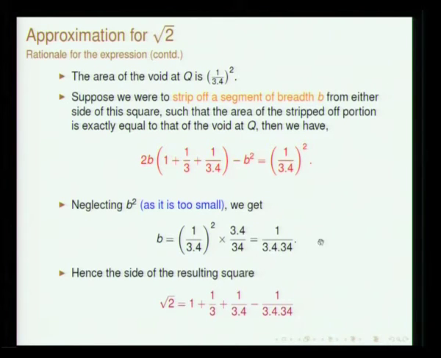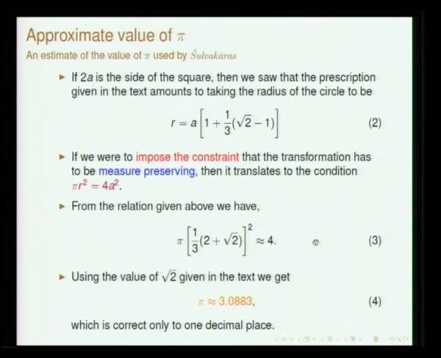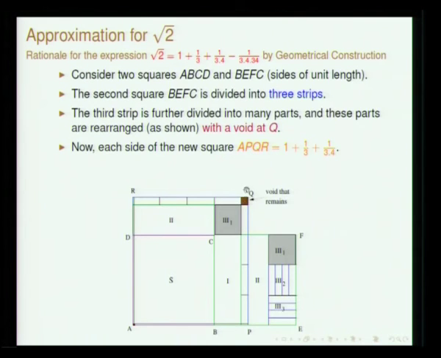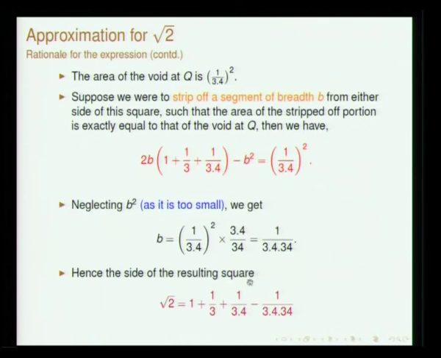This again is an approximation because I have ignored B square in getting this estimate, and this can be extended at all levels. Now this B happens to be 1/3 into 4. At the next level it will be 1/3 into 4 into 34 square kind of a thing, and so on and so forth. So this can be extended.